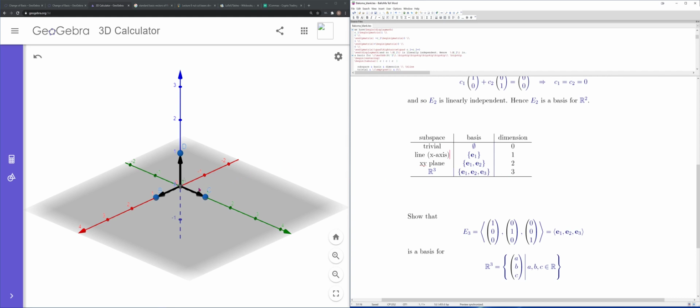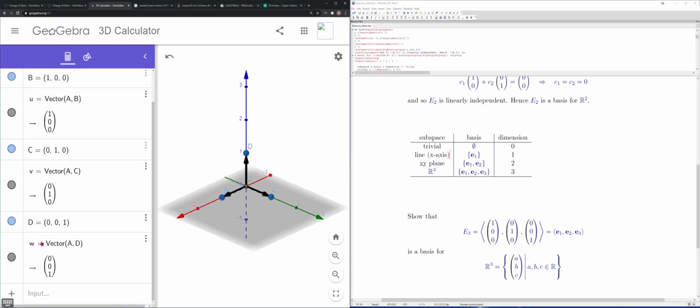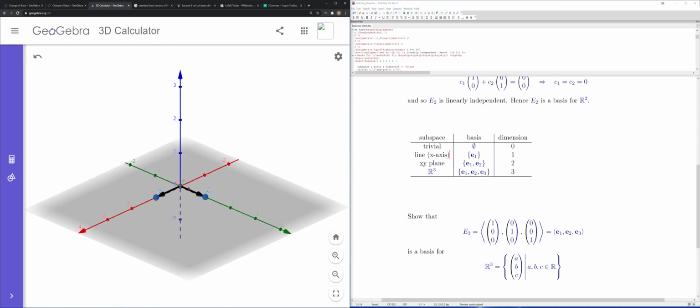Okay, so now let's consider the xy plane, which is this gray plane here. So in this case, what would be a basis for this xy plane? A basis for the xy plane would just be these two vectors, 1, 0, 0, and 0, 1, 0. So these two vectors here would form a basis for the xy plane.